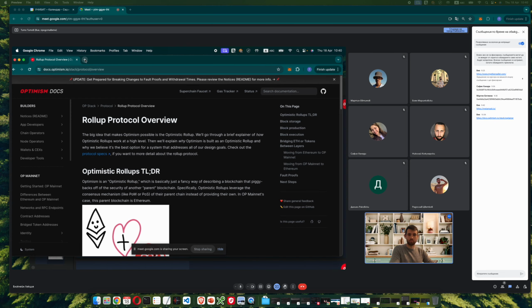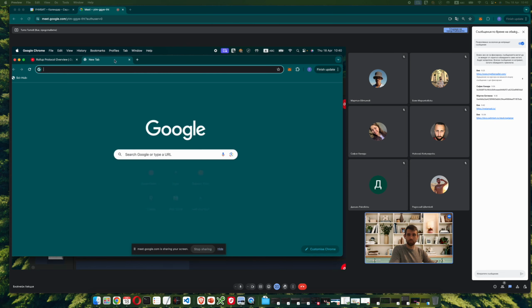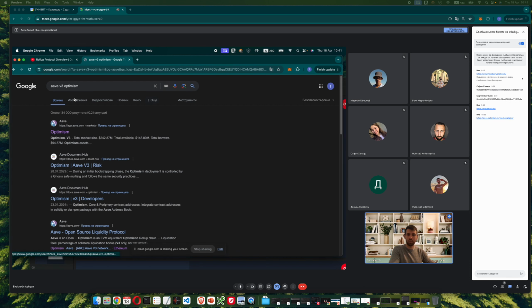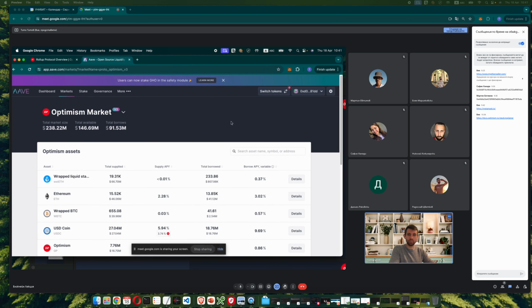So if we come here, for example, I'll try to open Aave on Optimism. If you come here, you can see at the moment the total market cap or the total funds that are available here is $238 million.